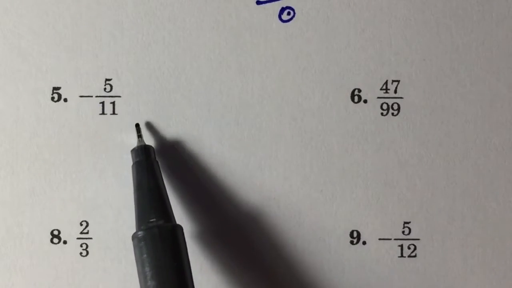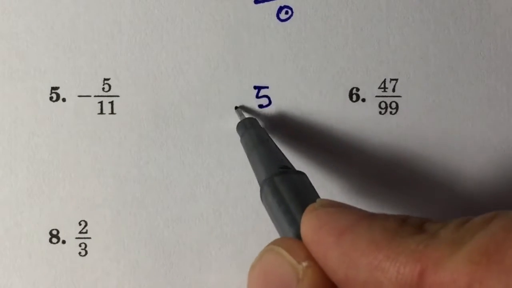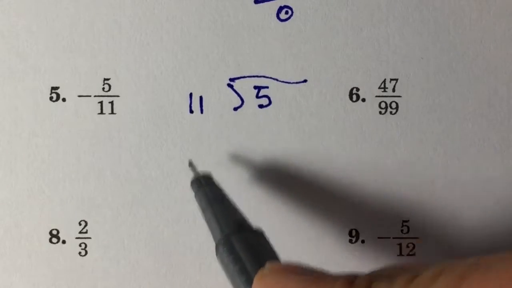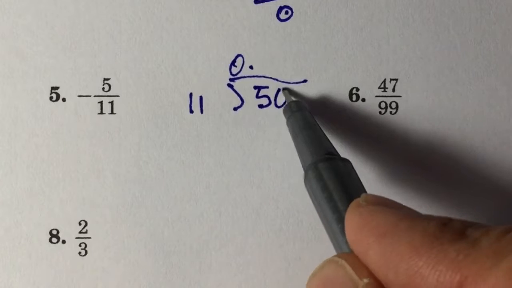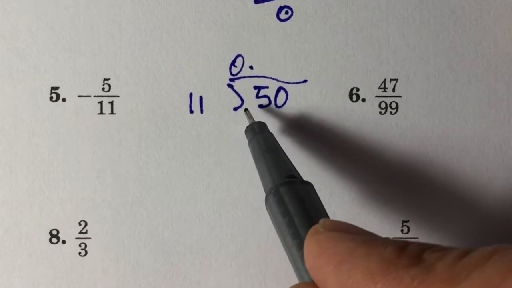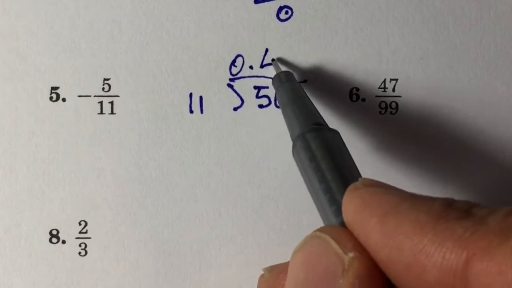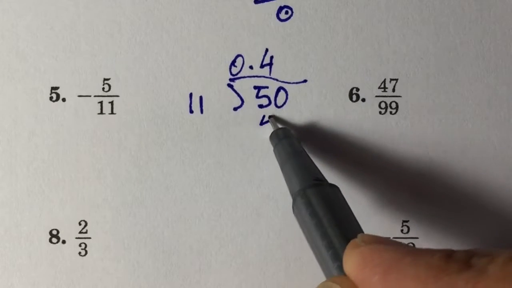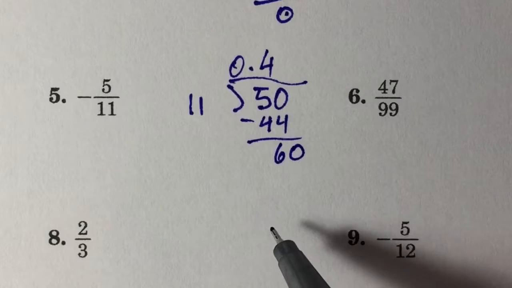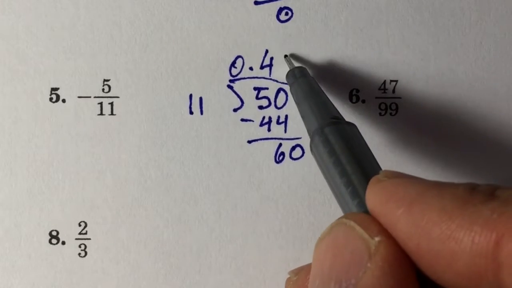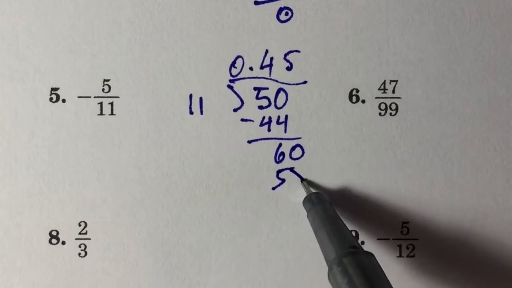Let's see number 5. 5 divided by 11. I'm going to put 5 in the cage, 11 outside, and 11 goes in 5 0 times. I put the 0. 11 times what gives me less than 50? 4 times gives me 44. So I'm going to subtract 44. This is going to be 6. Bring the 0. 11 times 5 is going to be 55.